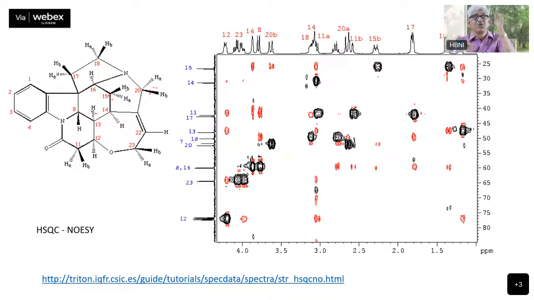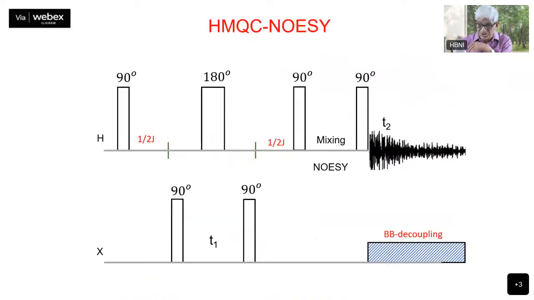These are extremely useful to see whether you have got a molecule which was designed to synthesize, or you can identify the peaks on the basis of such correlations if you knew the structure. If you did not know the structure, you can determine the structure on the basis of these correlations. So many NOE peaks are seen here from the HSQC NOESY spectrum. This is a very useful feature in structure determination.